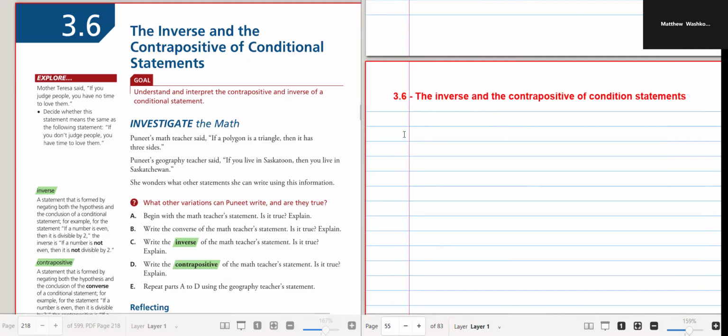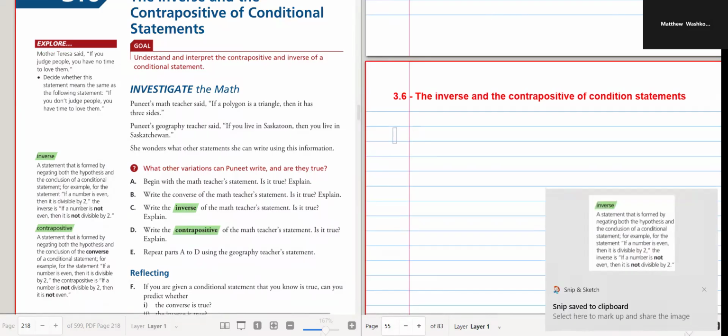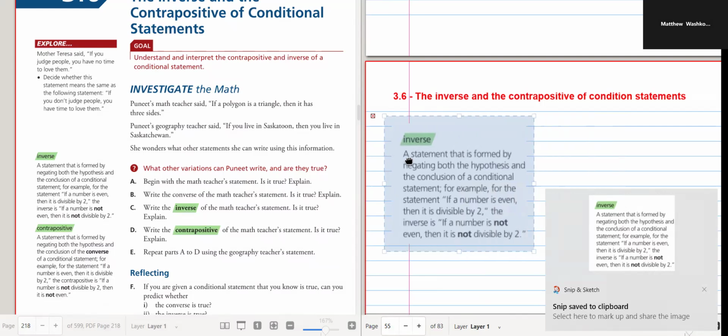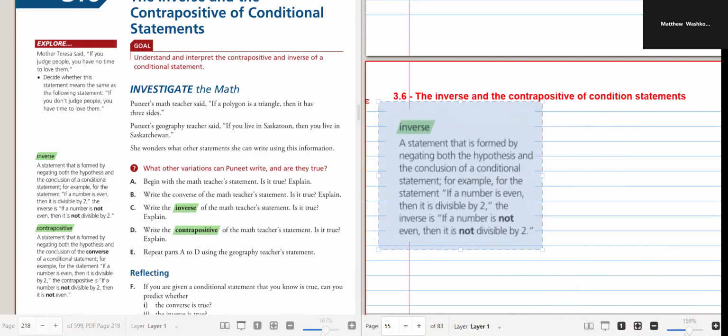So first off, no, you know what? I'm going to do definitions first here. So we're going to start out here, we have something called the inverse, and you may have heard me mention this before. But an inverse is a statement that is formed by negating, which I will talk about. Don't be shocked by the word.